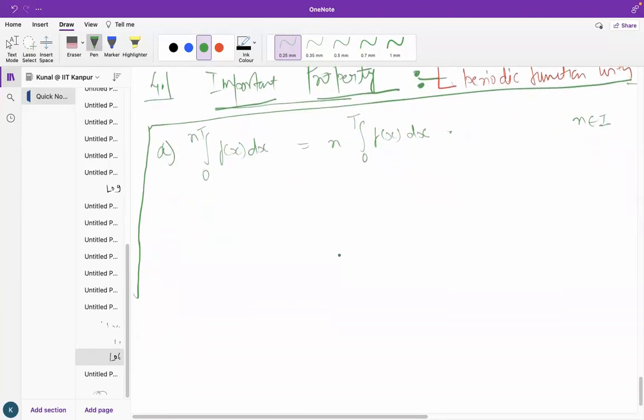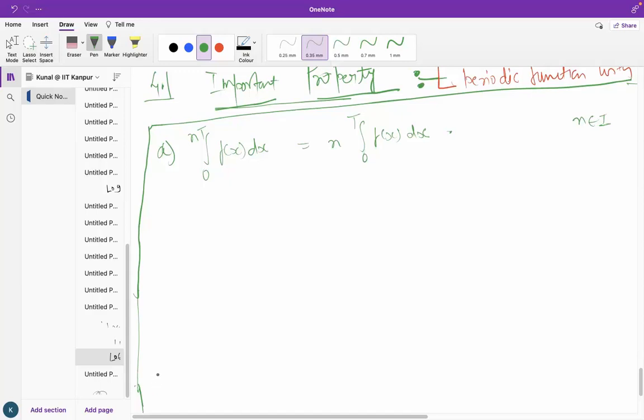Let me write, so what I'm doing here is nothing but integrating our function f(x), whose period is t, from 0 as its lower limit and upper limit as n times its period.